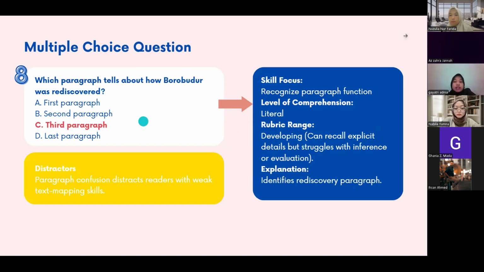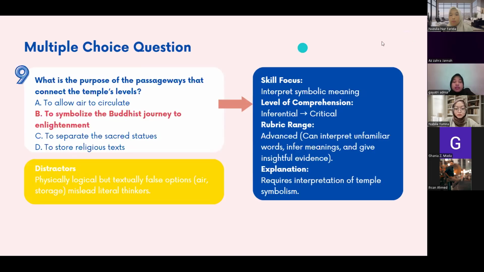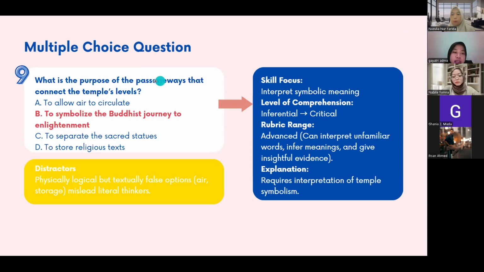And then for the next, the question is, what is the purpose of the passageway that connects the temple's levels? The level of comprehension here is from inferential to critical, because it asks the students to interpret the symbolic meaning of the temple.